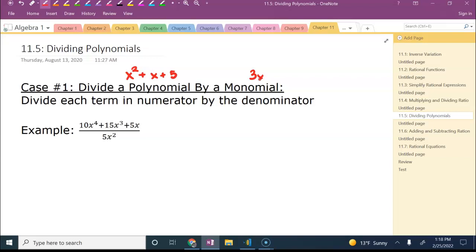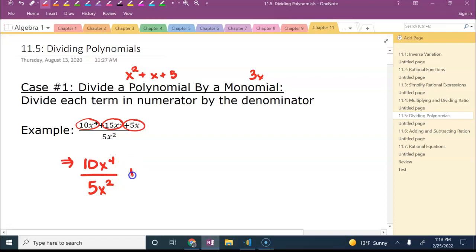So for example, on this first one here, I have 10x to the fourth plus 15x to the third plus 5x, and that's all over 5x squared. So what you can actually do here is split this into 3 separate division problems. And I say 3 because there's 3 separate terms on the top of that fraction. So you're going to take 10x to the fourth and divide that by 5x squared.